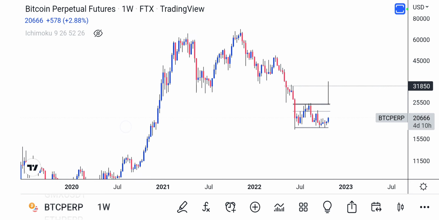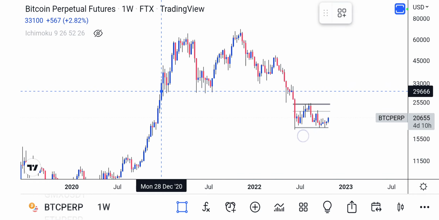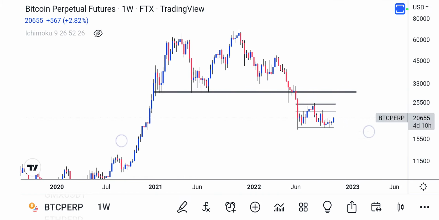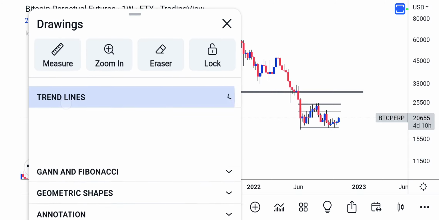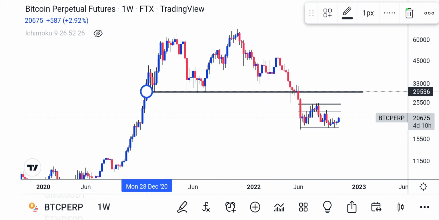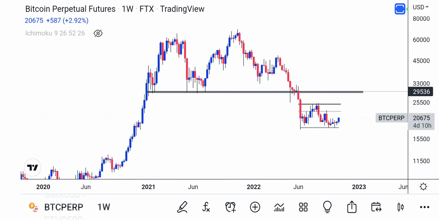Even if we get some kind of push back up, I would rather say that this level should be a perfect level for a pullback, which is around, let me see, the first one around 29.30. It should be a perfect level for a pullback before we would say okay, we want to push back down or continue pushing higher.